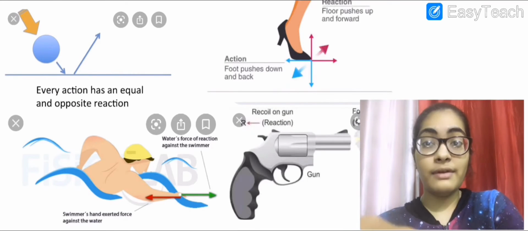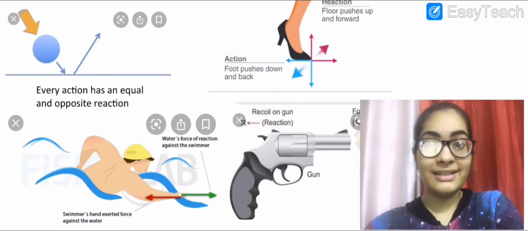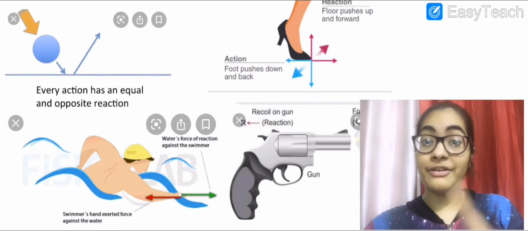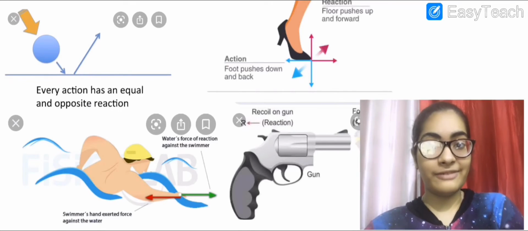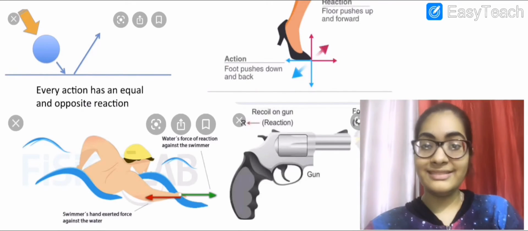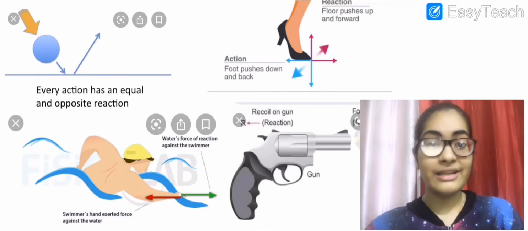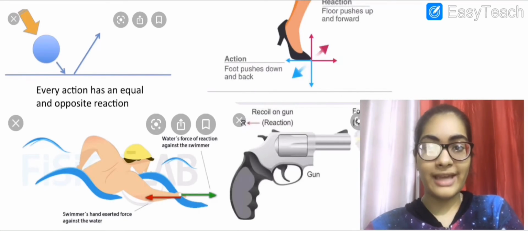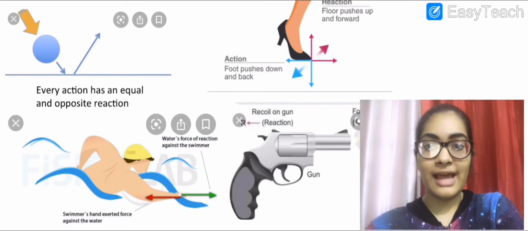Understood? Whenever we walk, we exert a force on the ground backward. That is the action. And the ground in turn exerts a force forward. And as a result, we move in the forward direction. You can see the action and the reaction is mentioned here.